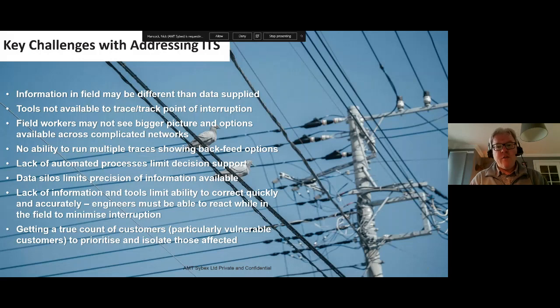So the map is not always correct. So that means that we have an issue around getting the correct trace of the network and identifying the right customers.